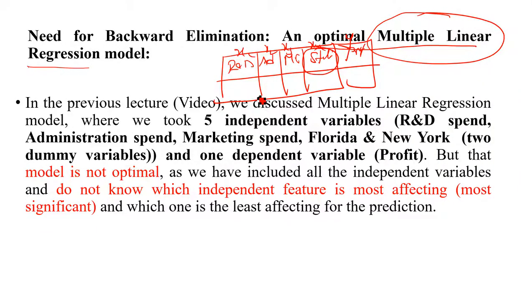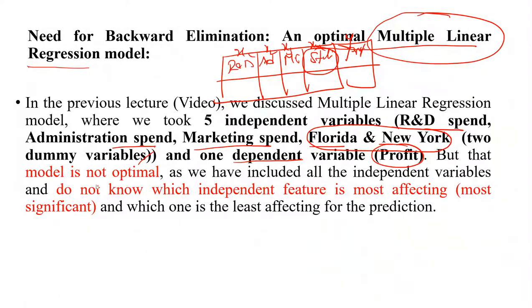Now our independent features are R&D, administration spend, marketing spend, and Florida, New York, which are the dummy variables, and one dependent variable, the profit. But that model is not optimal.